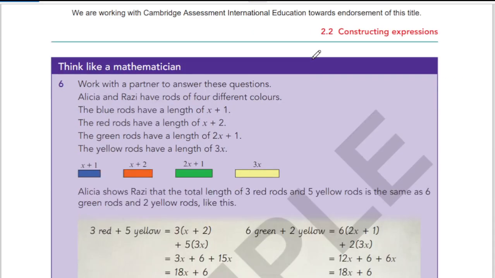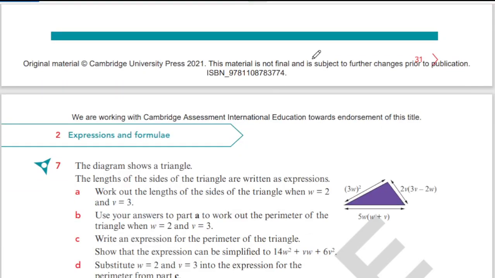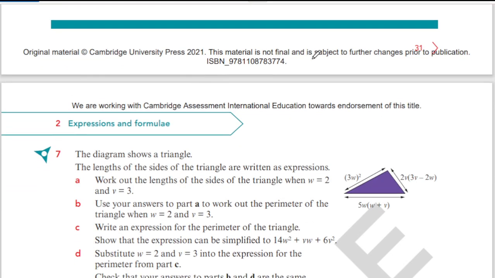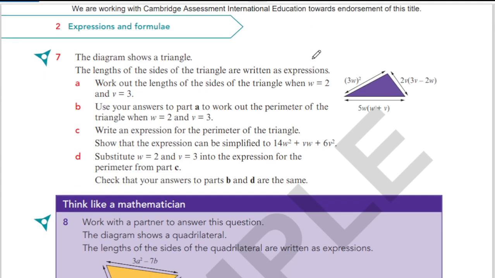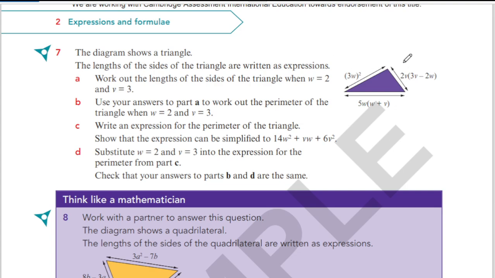As question number 6 is an activity based question, we can skip this question and move to question number 7. Question number 7 is the same: we are given a triangle with three sides.